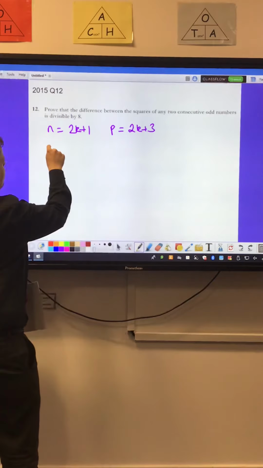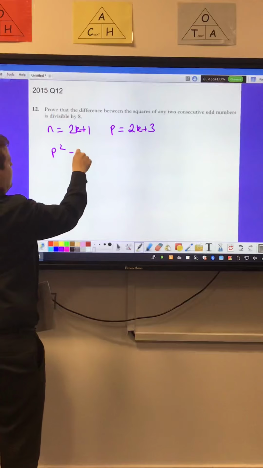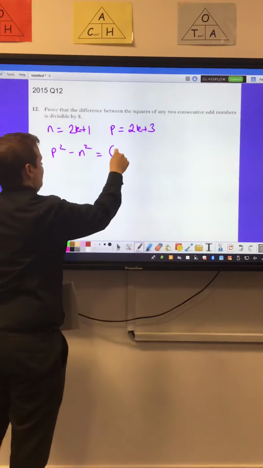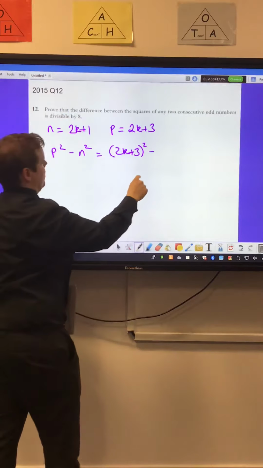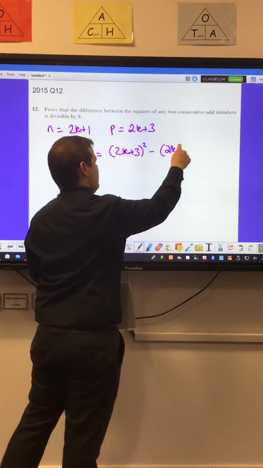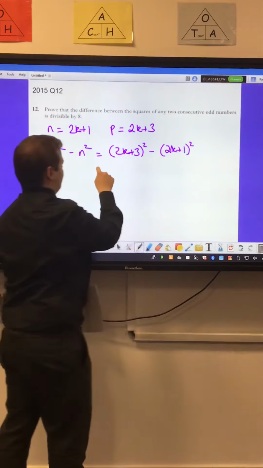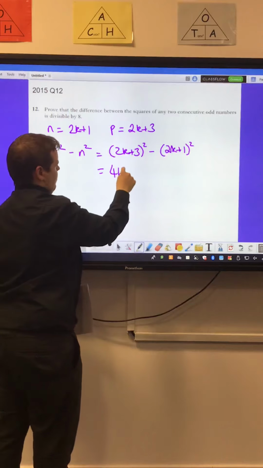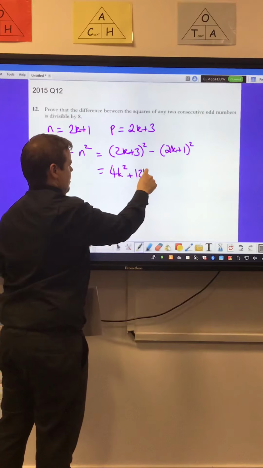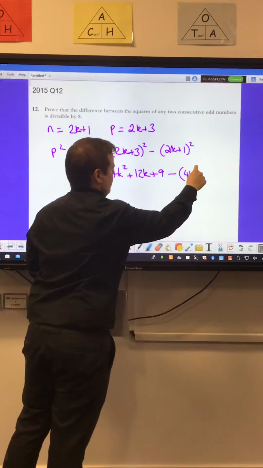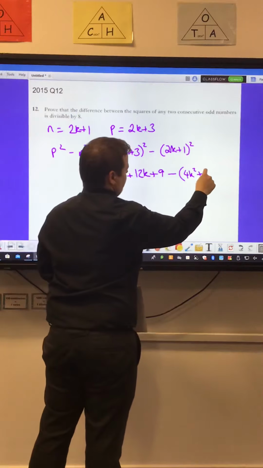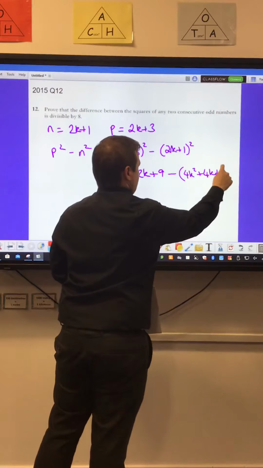So the difference, p squared take away n squared, that is (2k plus 3) squared, take away (2k plus 1) squared. That gives you 4k squared plus 12k plus 9, take away 4k squared plus 4k plus 1.